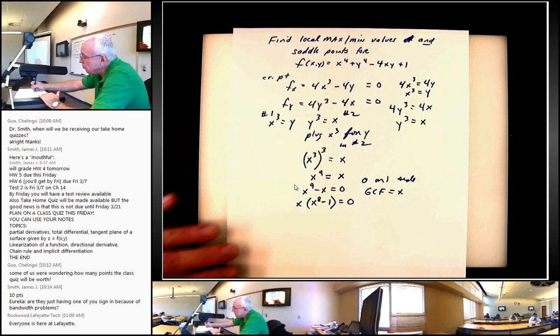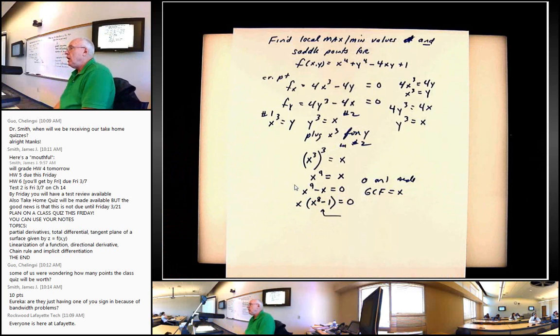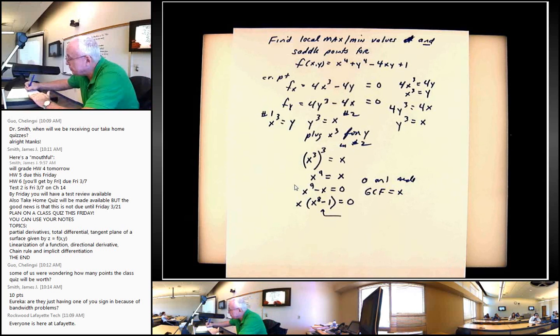Now, x to the 8th minus 1, for one thing, is the difference of 2 cubes, but I don't know if everybody has that formula on the tip of their tongue. But it's also the difference of 2 squares, since 8 is 4 and 4, 2 squares.